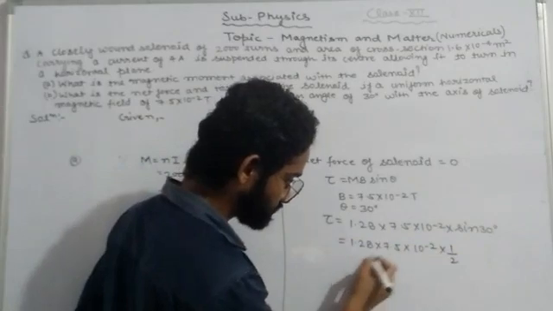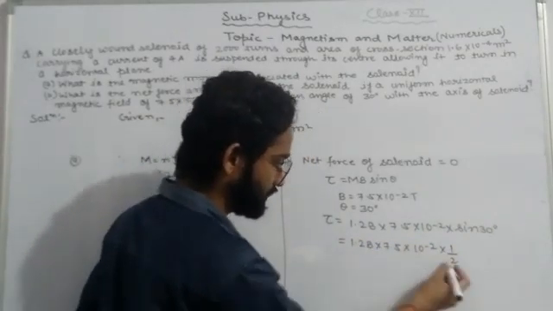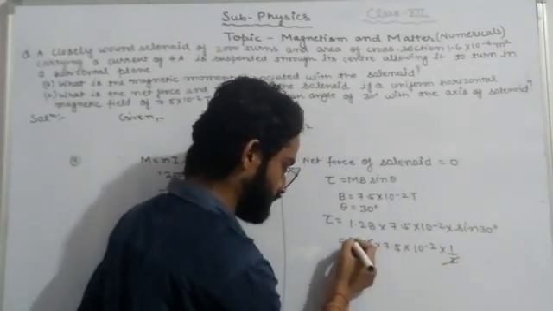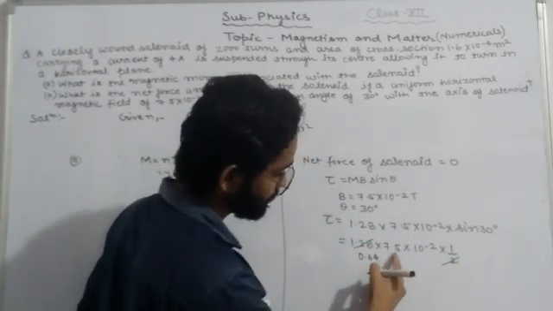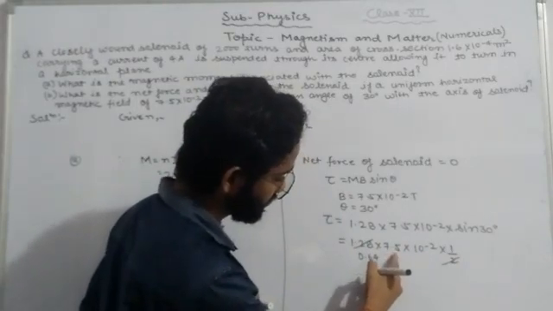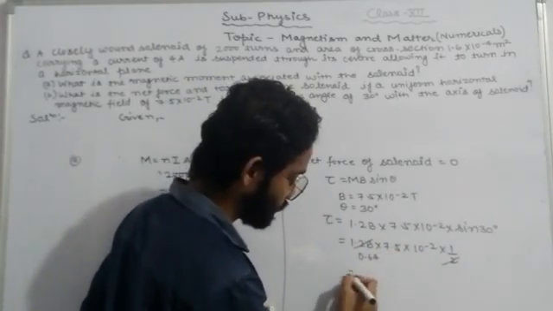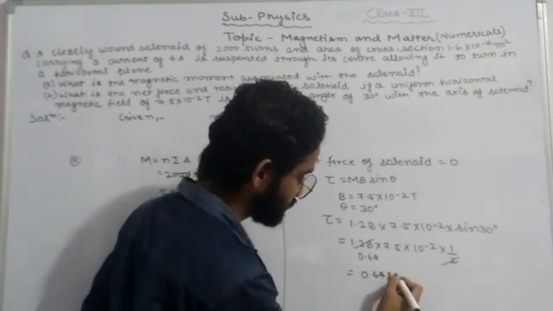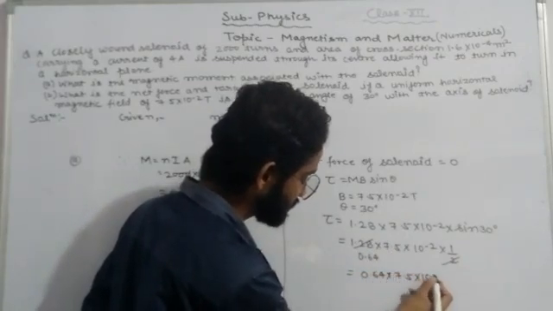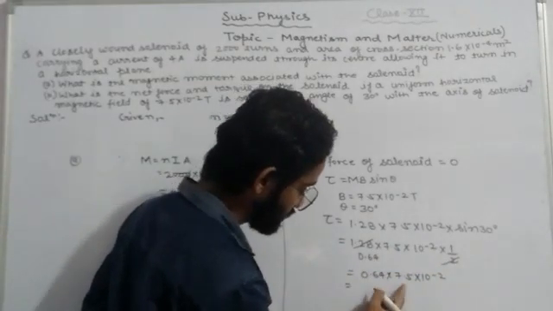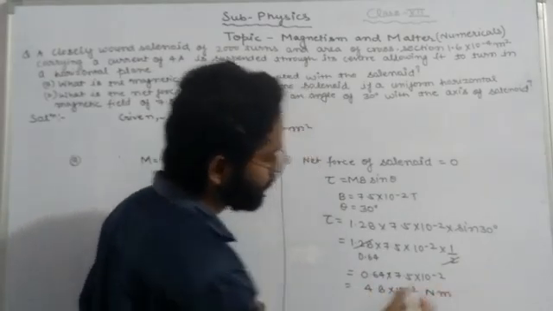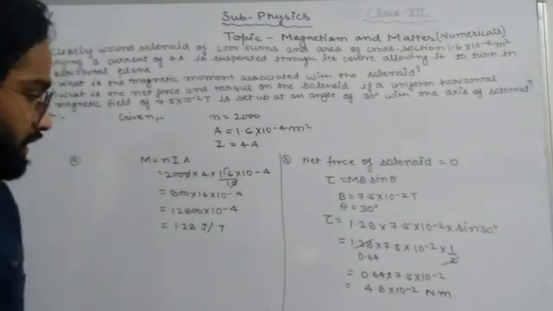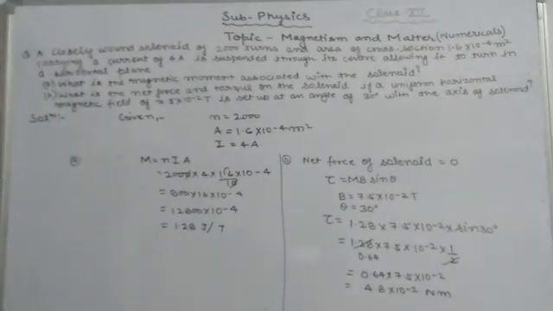We just solve this, and we get 0.64 × 7.5 × 10^-2, which is 4.8 × 10^-2 Newton meter. So the answer we got is 4.8 × 10^-2 Newton meter.